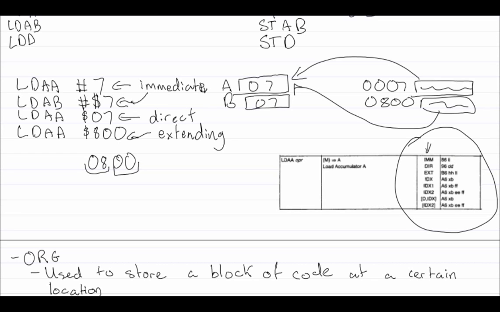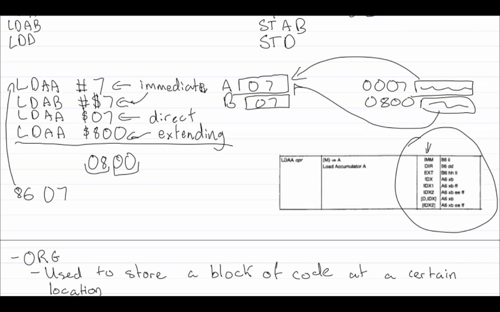Say we wanted to write out the machine code for the first instruction, load accumulator A and the number 7. We'd basically just write 86, and then since the number we wrote was 07 in hexadecimal, we just write 07. You've just written some machine code for load accumulator A. Congratulations. Now say we wanted to write the machine code for the load accumulator A from memory address 800.